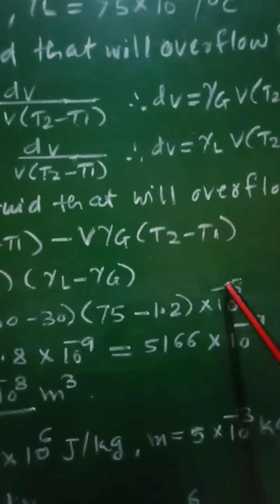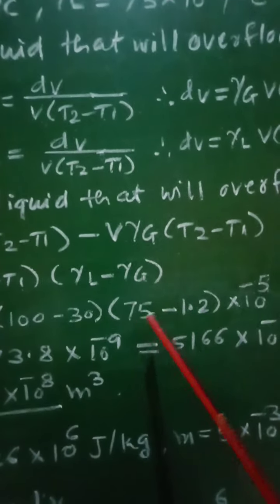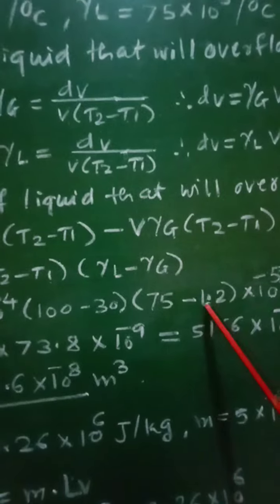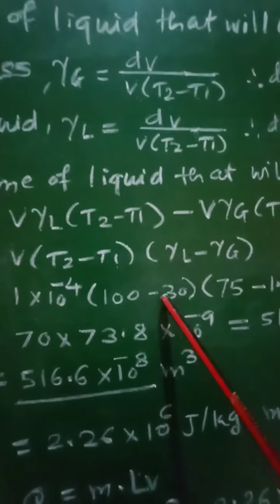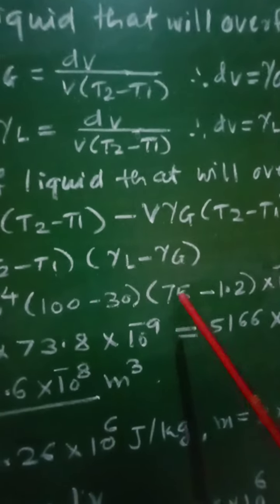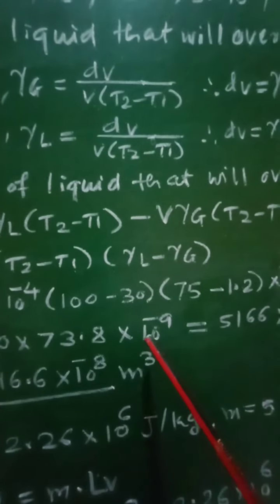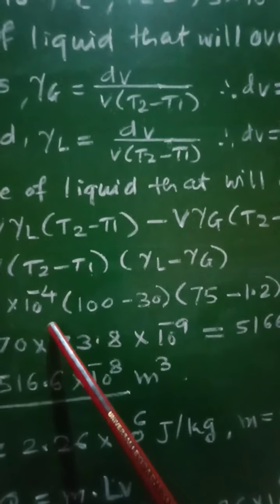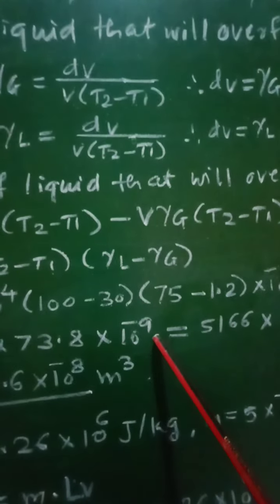From this 10 raised to minus 5 is taken common, and in the bracket we will get 75 minus 1.2. Then solving this, 100 minus 30 will be equal to 70, into 75 minus 1.2, that is 73.8, into 10 raised to minus 4 into 10 raised to minus 5, we will get 10 raised to minus 9.